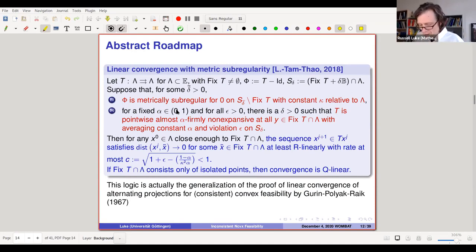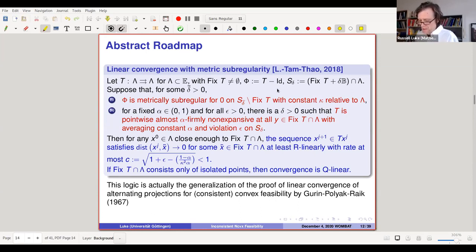So the abstract roadmap. Because we're non-convex, our fixed point mapping is in general multi-valued. So we have a multi-valued mapping from some subset lambda of Euclidean space to itself. We have to assume that there exist fixed points here. And here, this psi is the residual mapping.